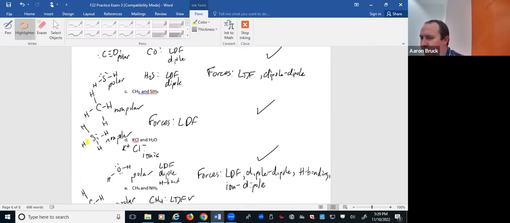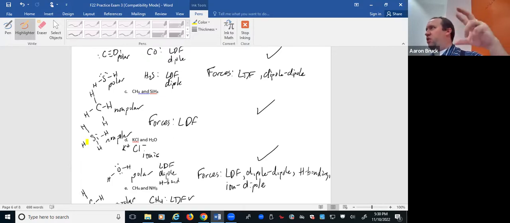Now, the probable exception to that is if we start looking at hydrocarbons, organic molecules: CH4, C3H8, C4H10. We have to understand that those carbon-hydrogen chains are nonpolar because the electronegativity between carbon and hydrogen is practically the same, not quite the same, but practically the same.